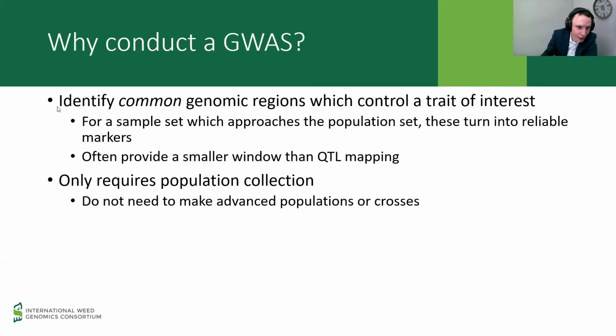Why conduct a GWAS? If you're setting out to identify common genomic regions which control a trait of interest within a large sample space, a GWAS is an appropriate statistical approach. For a sample set which approaches the population set, these can turn into reliable markers.